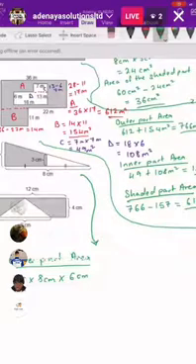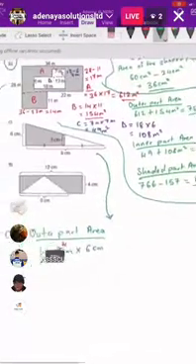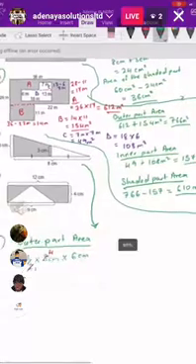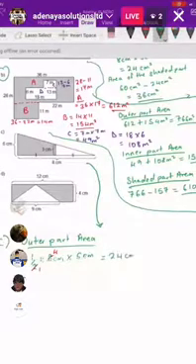So 8 divided by 2 is 4. And then 4 times 6 is 24. So then you have the outside shape area as 24 centimeters squared.